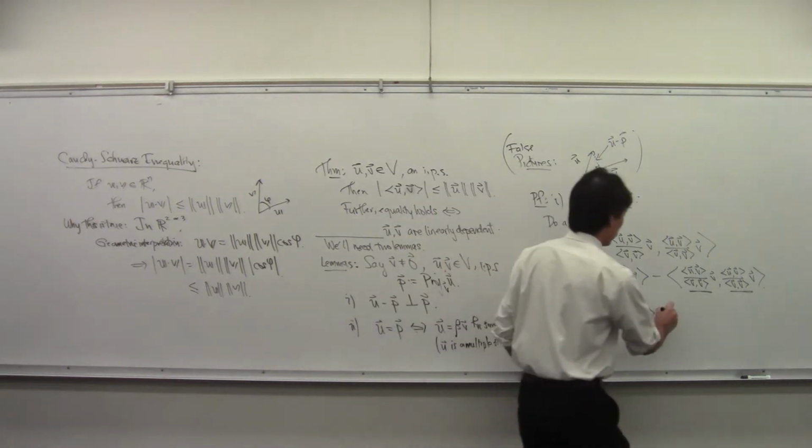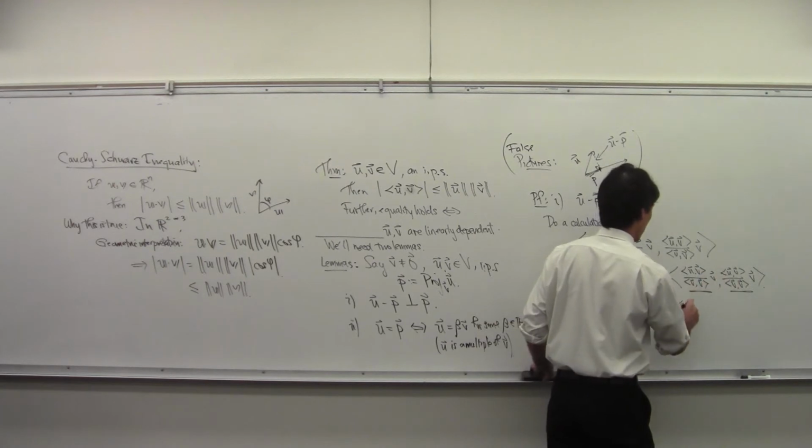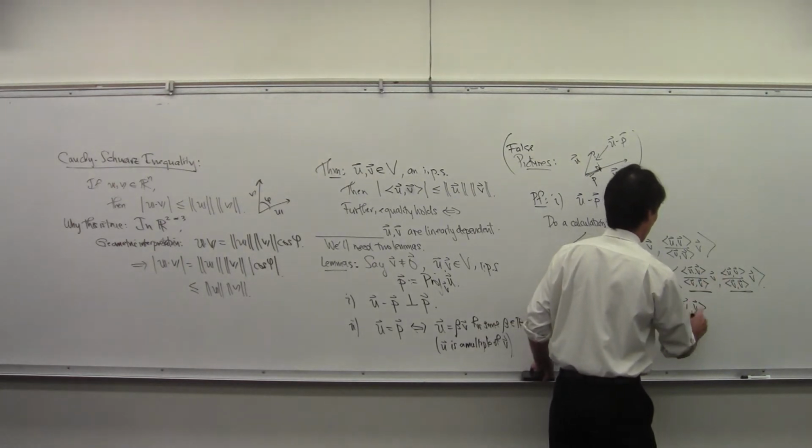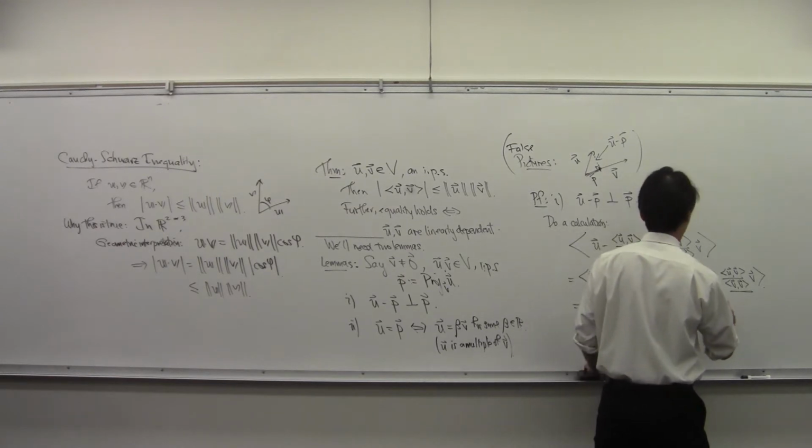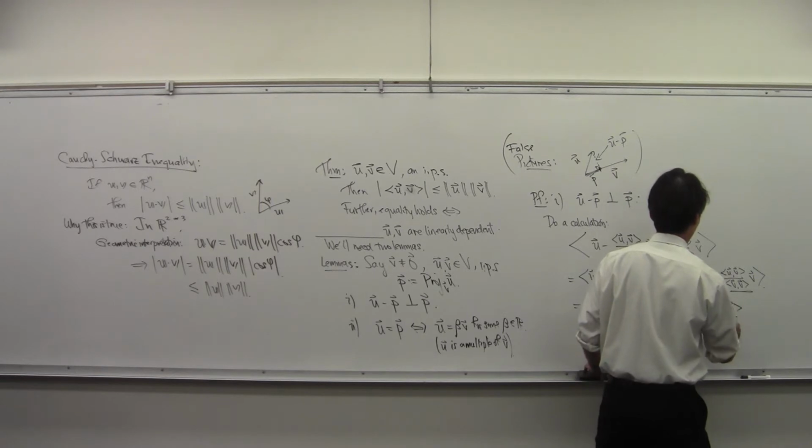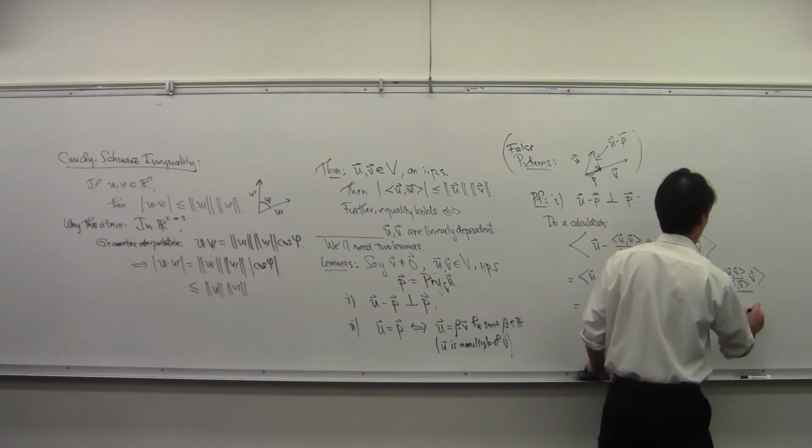And then over here you pull another copy of the scalar out, and you're left with VV.